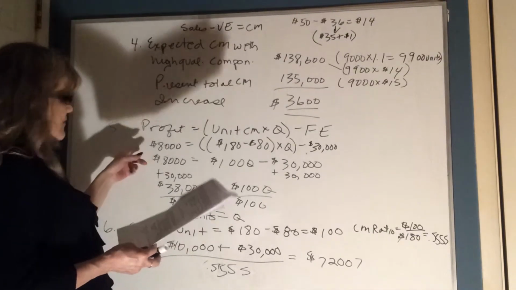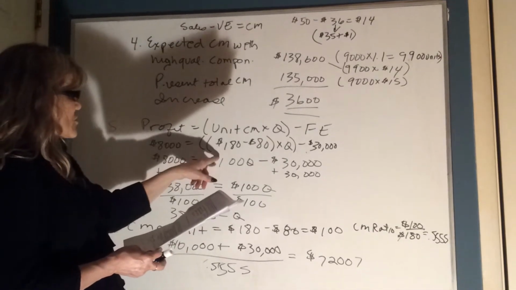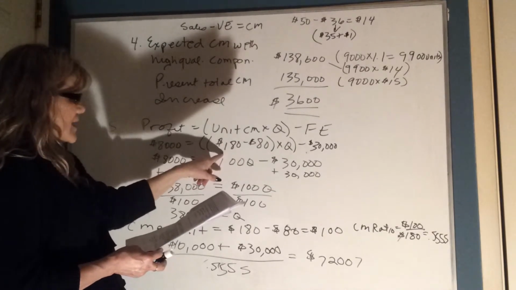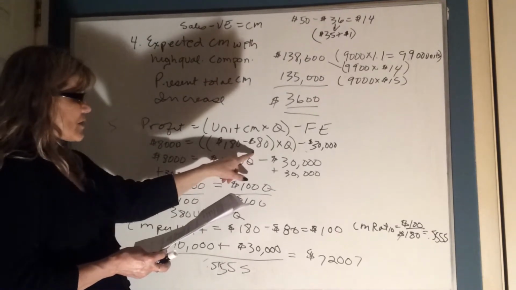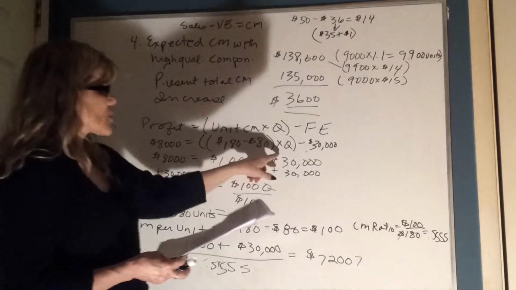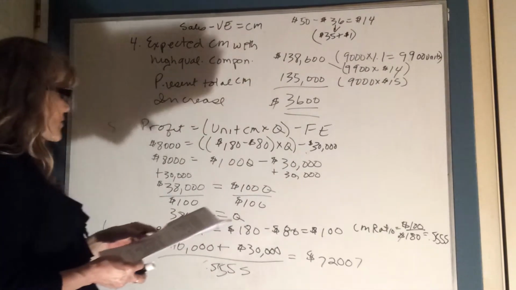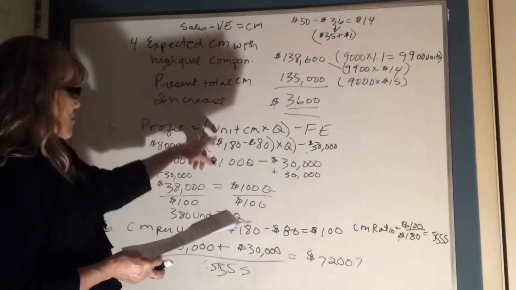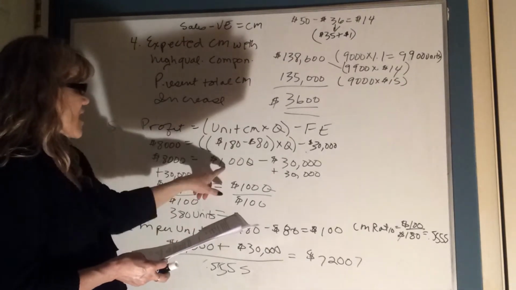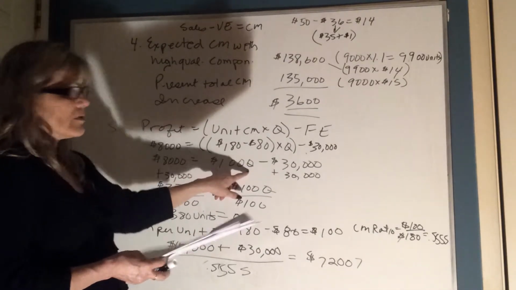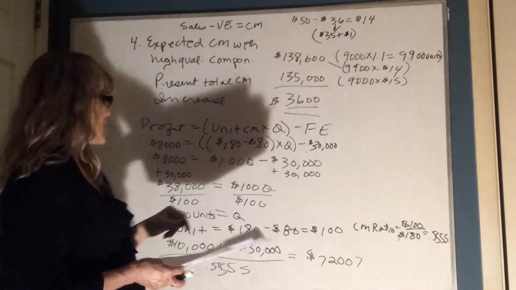Our profit is given as $8,000. Unit contribution margin would be the 180 selling price minus the 80 variable expense, times the quantity, and our fixed expenses are $30,000. So 180 minus 80 is 100, so 100 Q for quantity minus 30,000 is going to equal that 8,000.